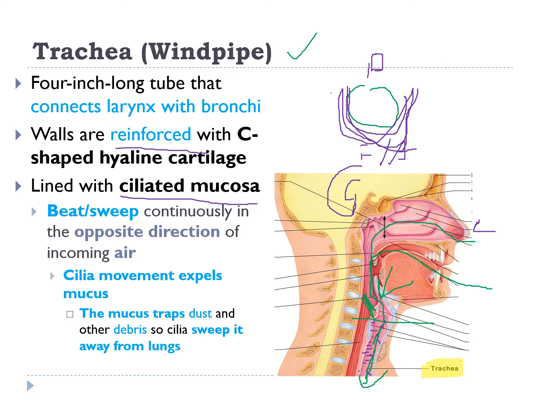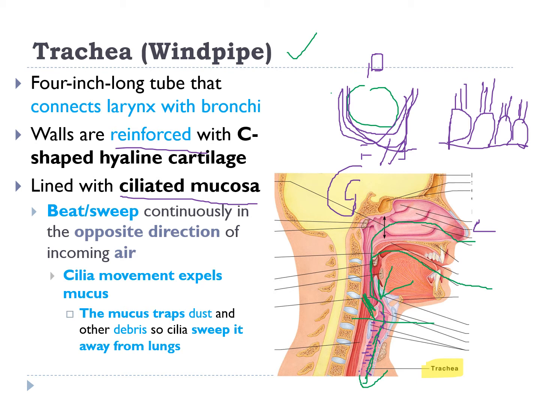They're little tiny projections that come out of the top of the mucosa cell. So here are the mucosa cells that line your trachea. This is what they look like in your nasal cavity, in your oral cavity, even in your pharynx. But in your trachea, they get these cilia. Okay, and they're like fingers, not hair.